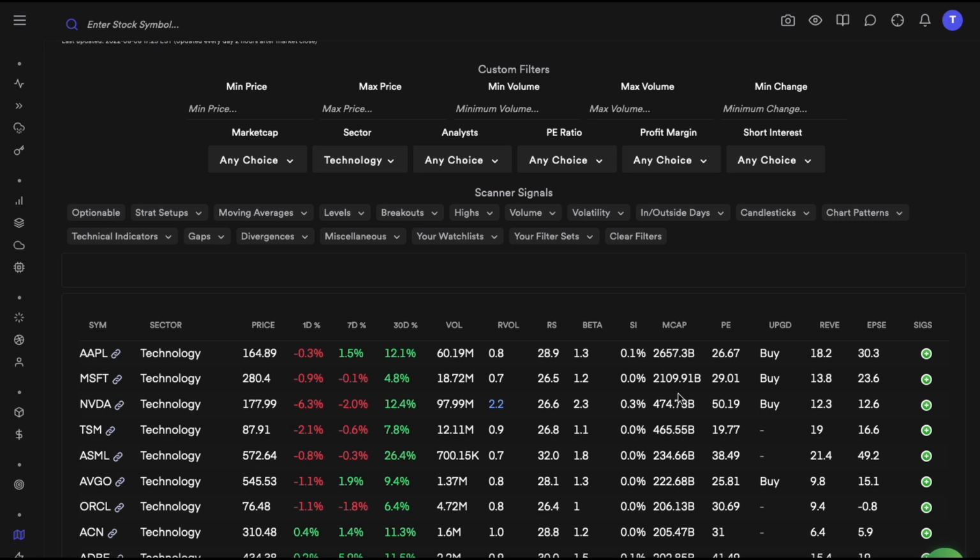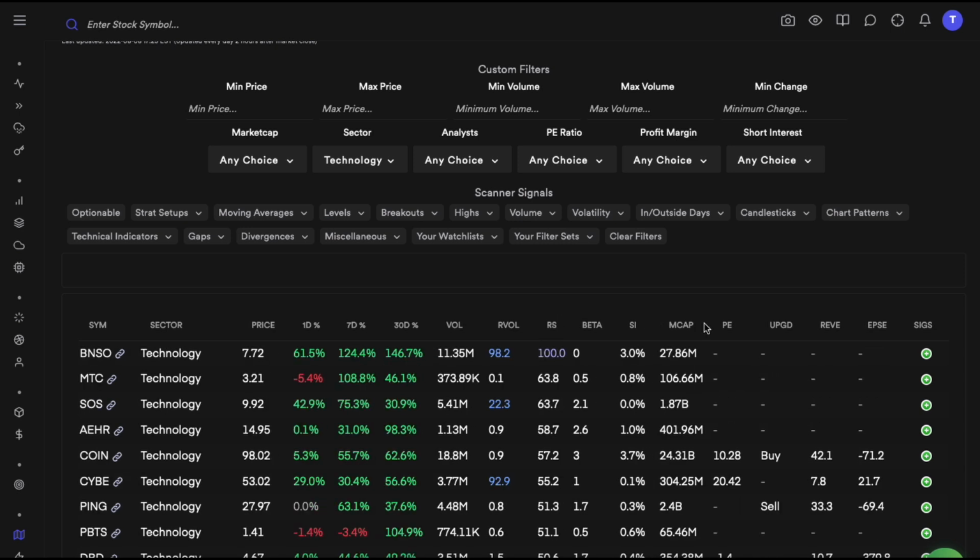Obviously we all know Apple, Microsoft, Nvidia, things like that are the top stocks based on market cap, but these are not the top stocks based on relative strength, which is how this stock has been doing compared to the overall market. So this RS column is the relative strength column. You can just click on it twice and you will get the stocks that have been doing the best.